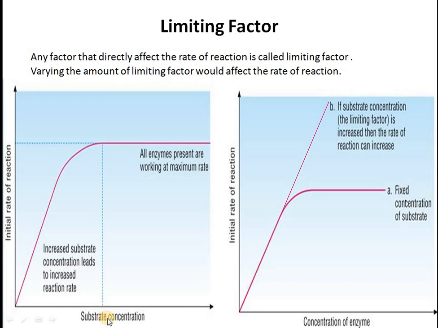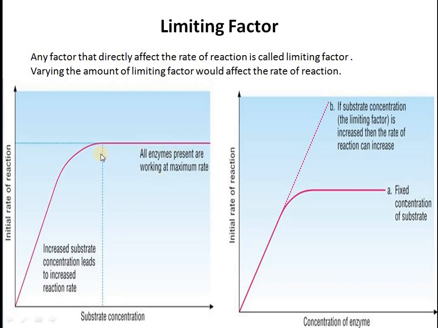Now, no matter how much substrate is present, this won't increase the rate of reaction unless we add more enzyme, or the enzymes which are already occupied make the product and can be used again. But for a period of time, when all the active sites are occupied, we say that the rate of reaction is now constant.